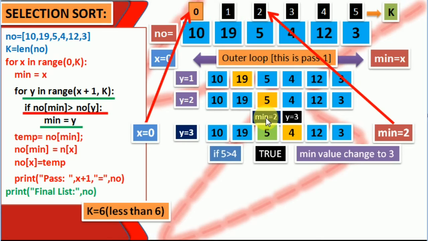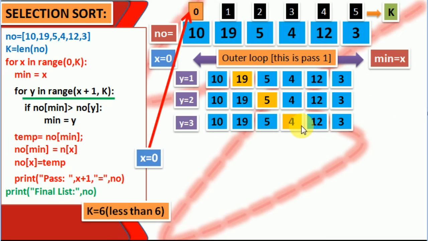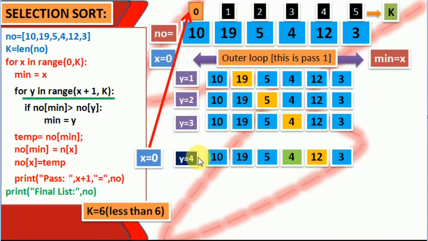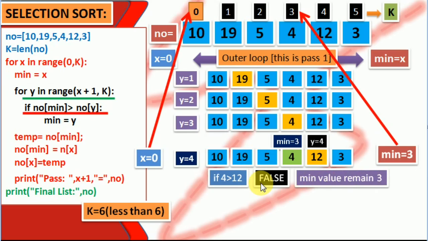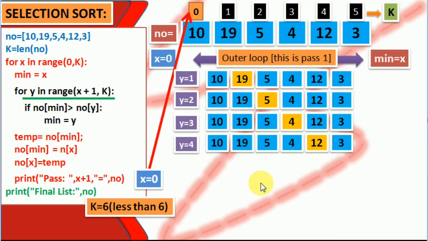Min moves from 2 to 3. So next time when y becomes 4, min is set at 3 and y is now at 4. Again the same condition is checked: is 4 greater than 12? It will say false, and min remains at 3.